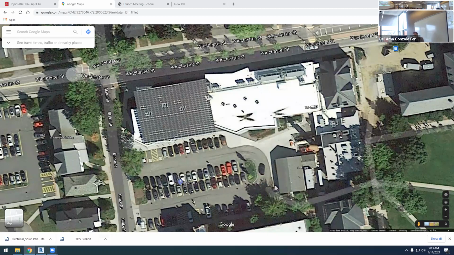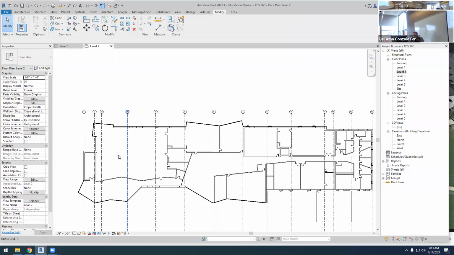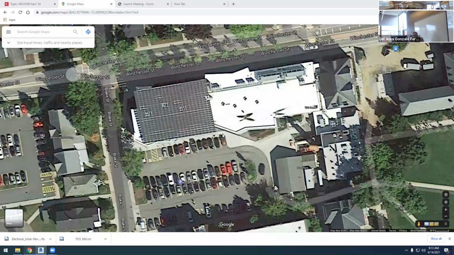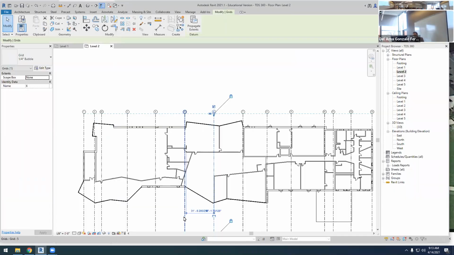Anyway, let's analyze this. As you see, it starts here and it ends there. So if we look at the grid lines, I think this is the starting point, and this is the end. Yeah, I think it starts here on this grid and it ends there on that grid.